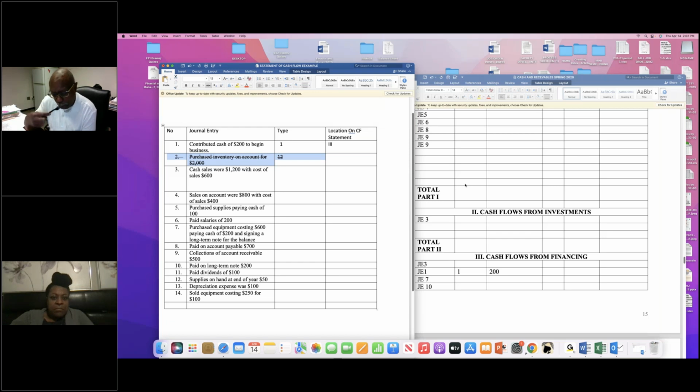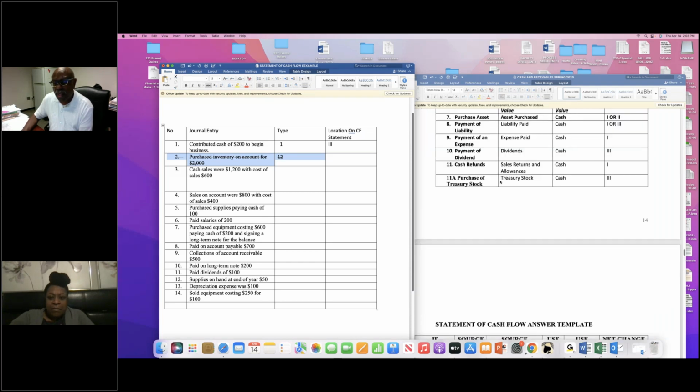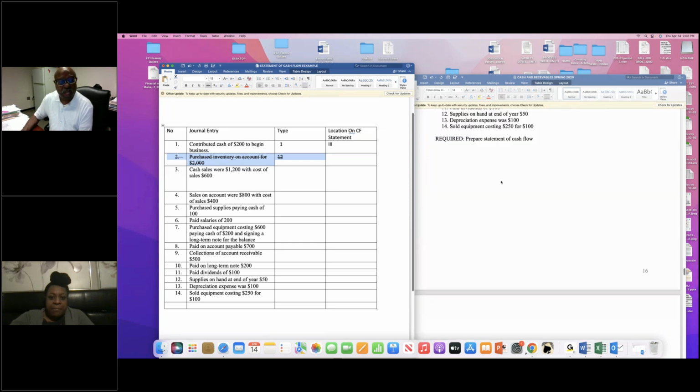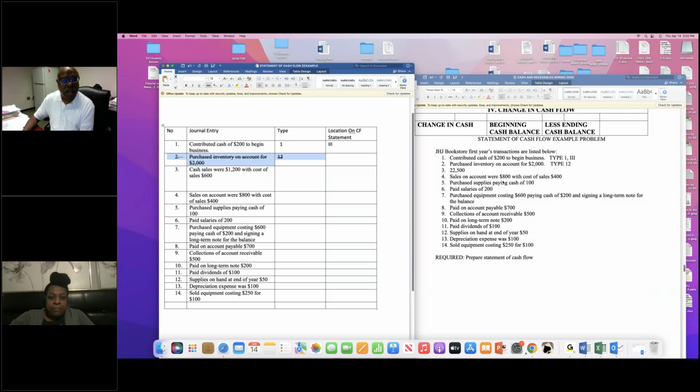Any questions? What page is this on, the journal entries where it's giving us the problem? Let's see, that's on page 16 of this insert. But I also redid it this way, and this is another insert I put in.